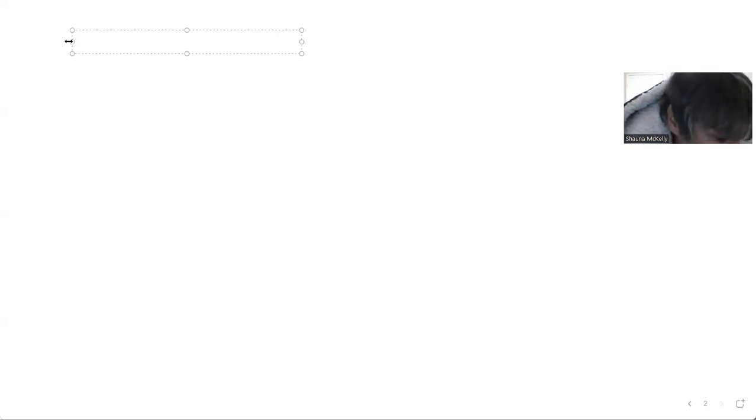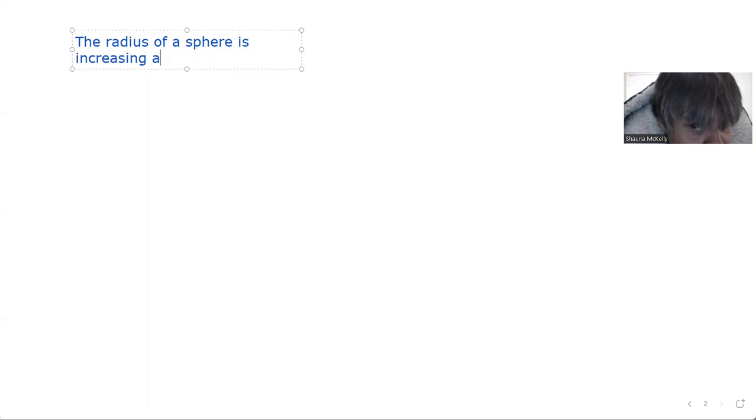So we have, it says, the radius of a sphere is increasing at a rate of 2 inches per minute.